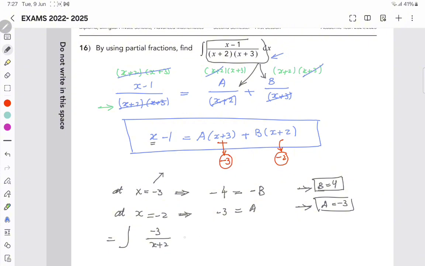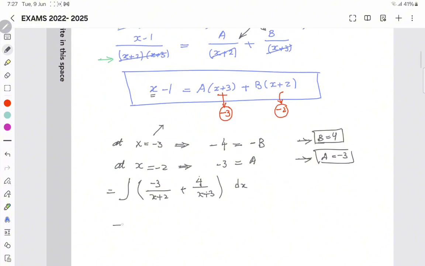The value of b is positive 4 over x plus 3, all of that with respect to x. So it's equal, we have a rule for that: negative 3 ln of the modulus of x plus 2, plus 4 ln of the modulus of x plus 3, all of that plus c.